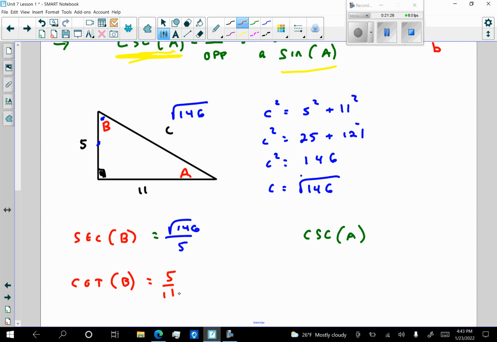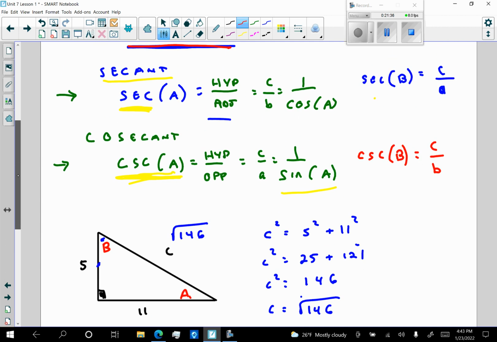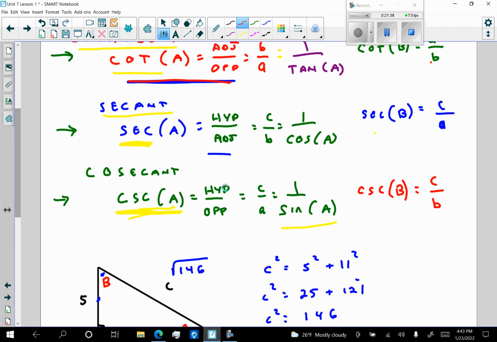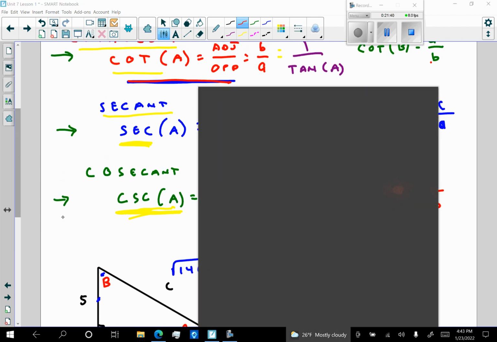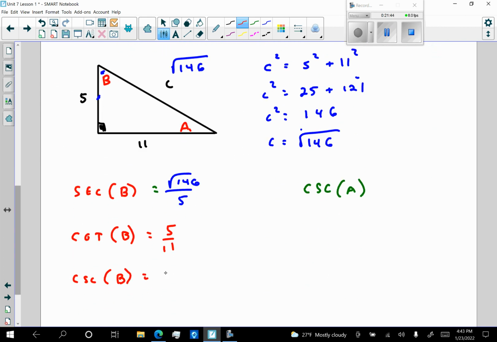And while we're at it, why don't we just find the cosecant of angle B? The cosecant is the hypotenuse divided by the opposite leg. The hypotenuse, which is the square root of 146, divided by the opposite, which is 11.